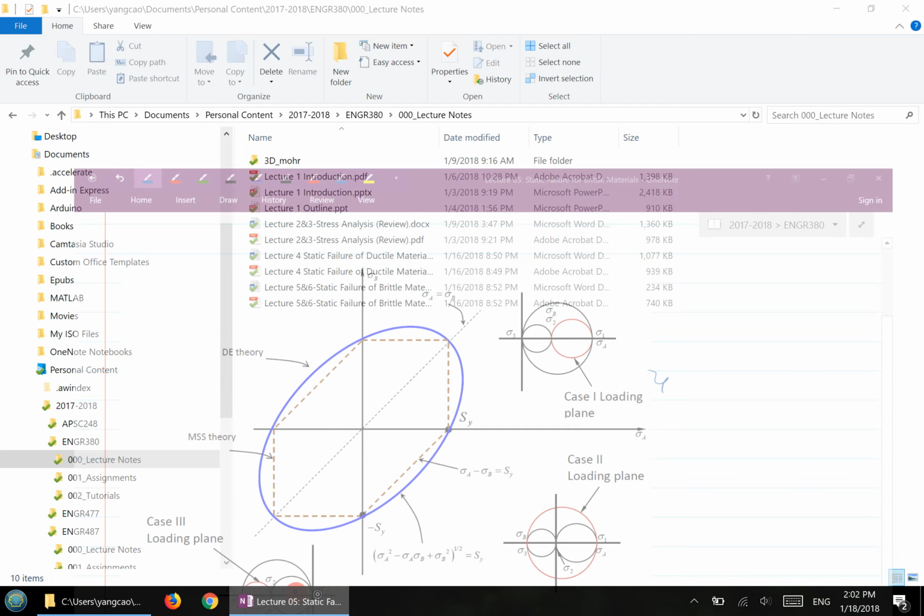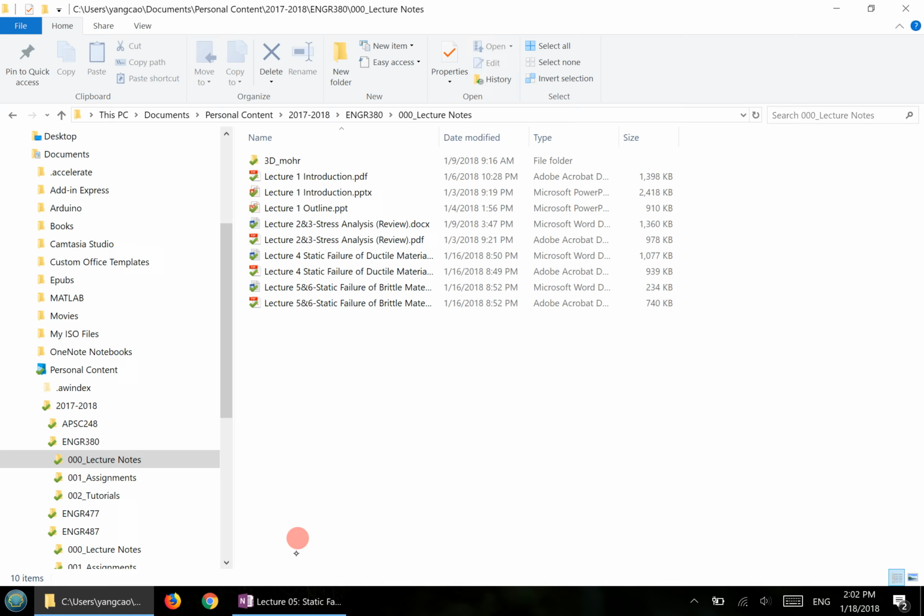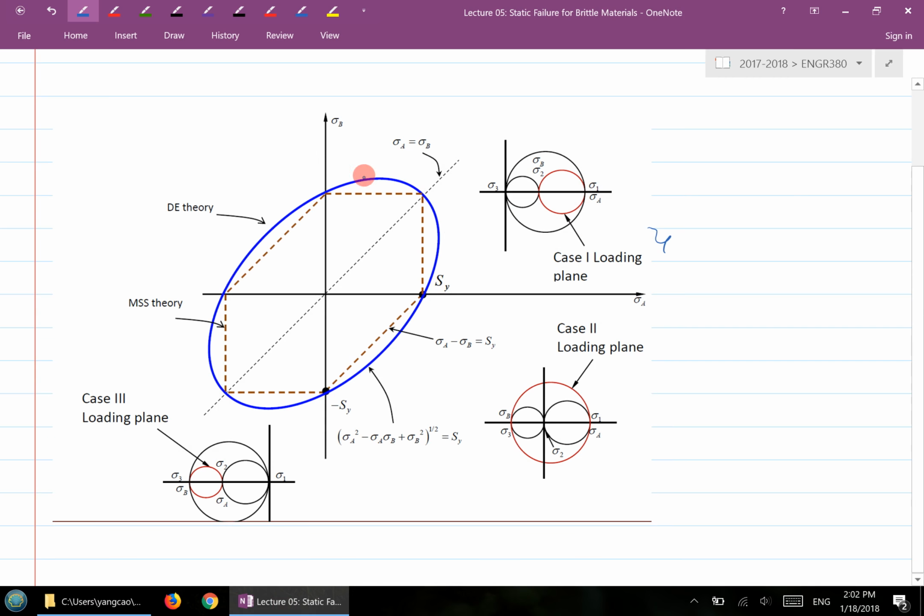Basically, there are two curves. One is an ellipse, the other is a hexagon. So this is basically the two theories that we learned from the previous lecture. The blue one representing the distortion energy theory. The dashed brown one representing the maximum shear stress theory.